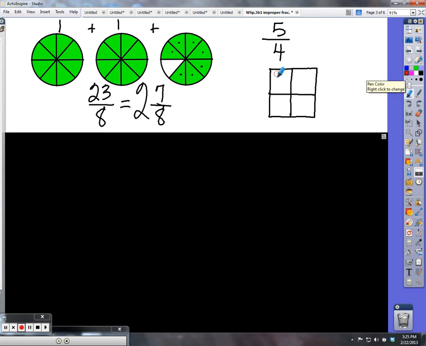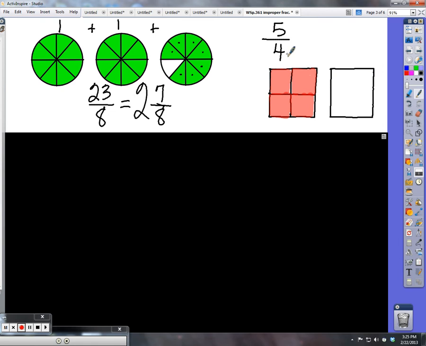So here is 1/4, 2/4, 3/4, 4/4, but I have run out of sections. So what that means is I have to draw another square of equal size, and since I'm freehanding it, I'll just kind of do the best I can.